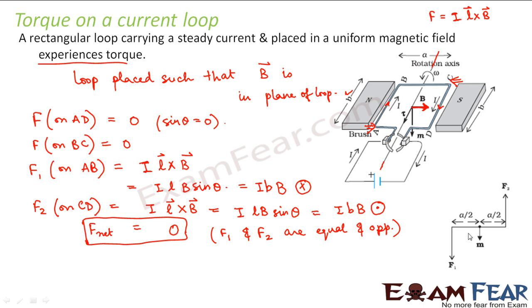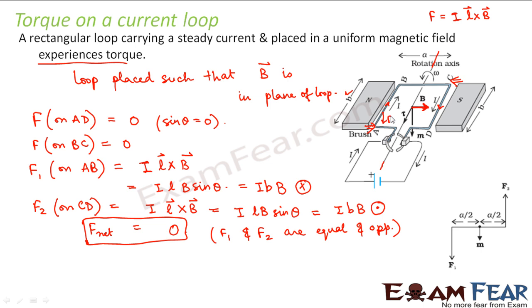The same thing is happening here, since the axis of rotation is this one. AB and CD are not connected by any axis. So equal and opposite forces are acting on AB and CD, but they are not acting along the same lines. If you look at it this way, on this side there is a force which acts in the downward direction.